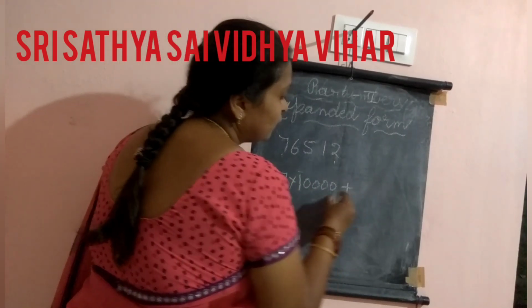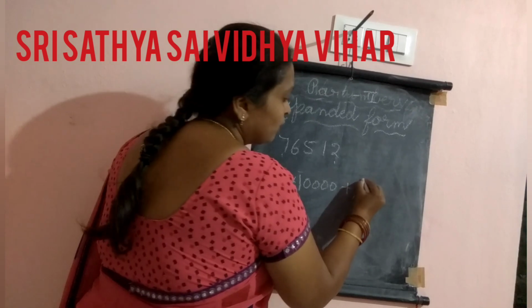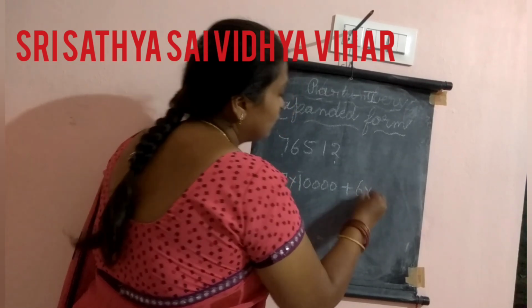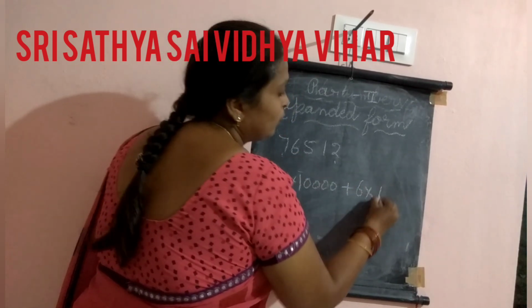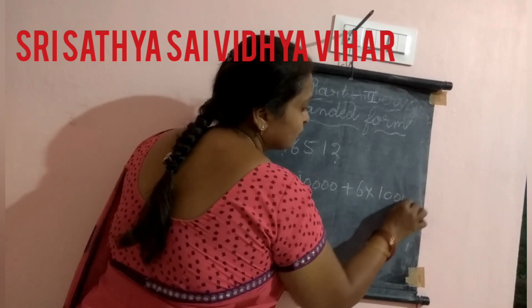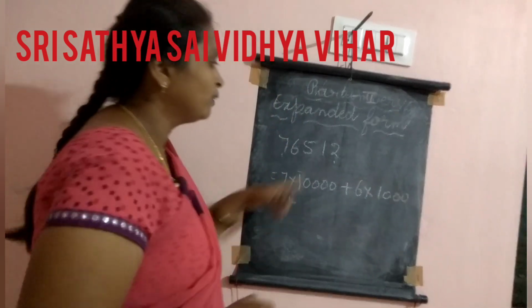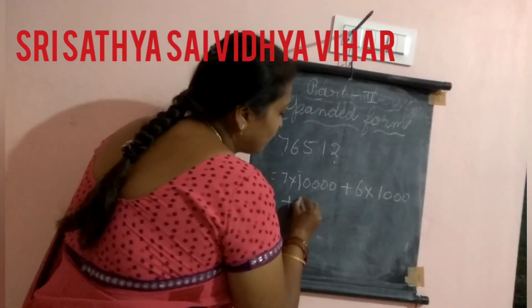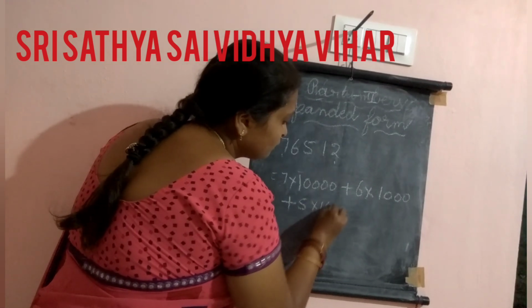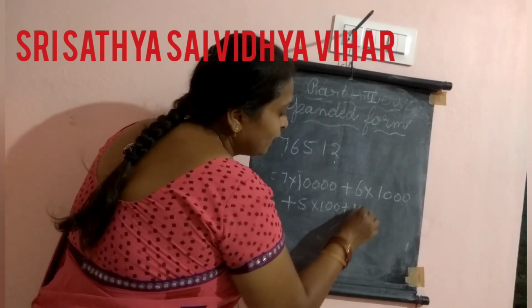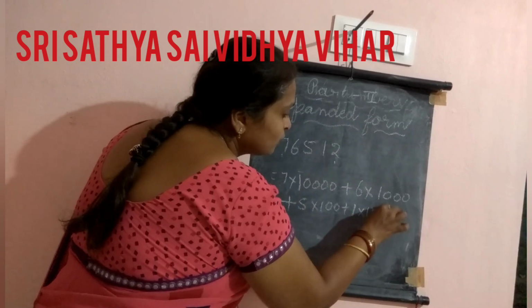Next plus, you have to keep plus compulsory. 6 into 1000 plus 5 into 100 plus 1 into 10 plus 2 into 1.